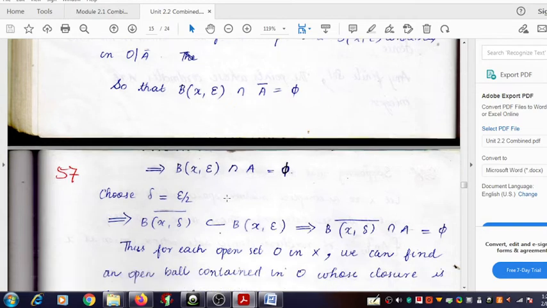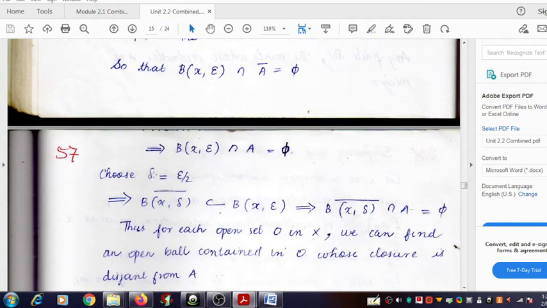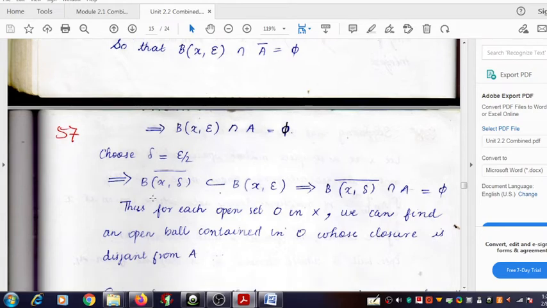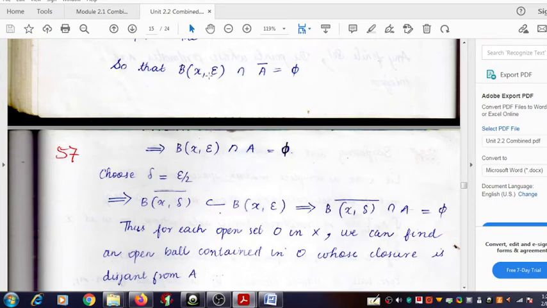Next we choose another positive quantity delta, which is half of epsilon, that is epsilon by 2. We choose delta equal to epsilon by 2 and consider the open ball B(x, delta). X is the center of this new open ball, and its radius is half of the radius of the first open ball.